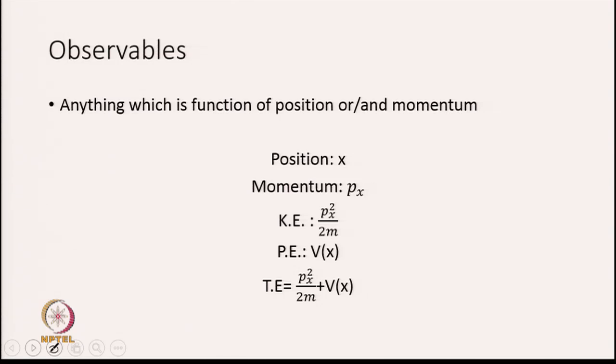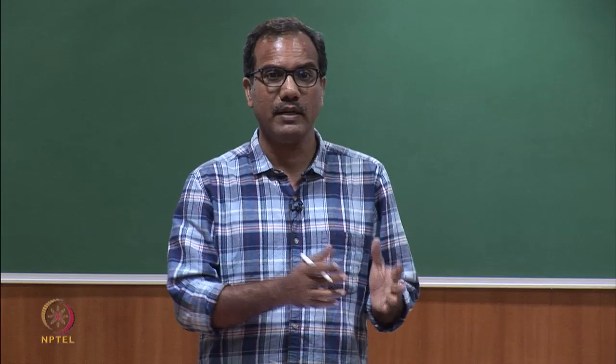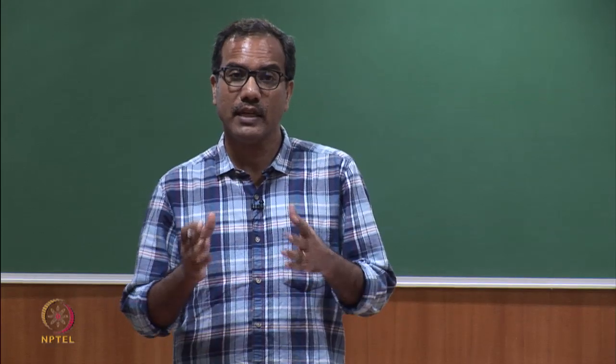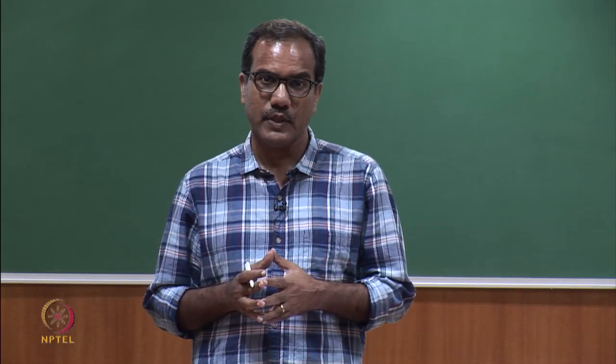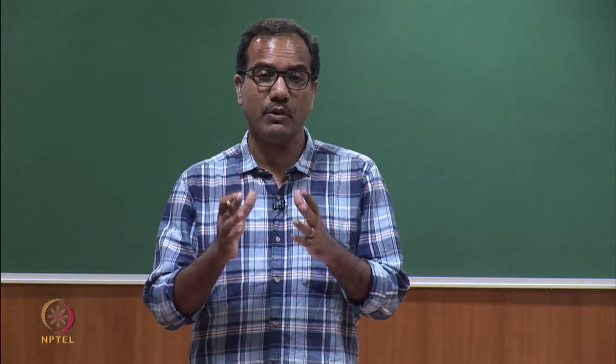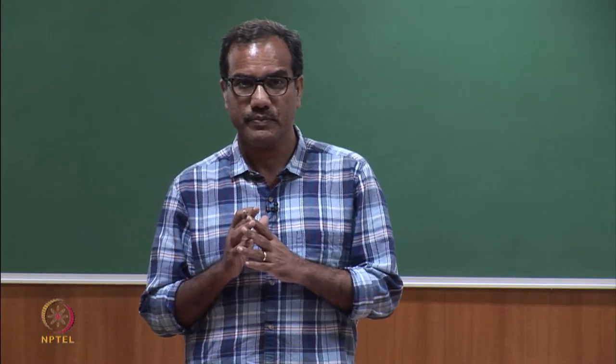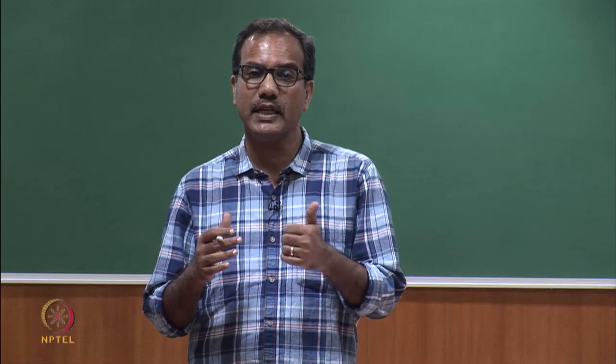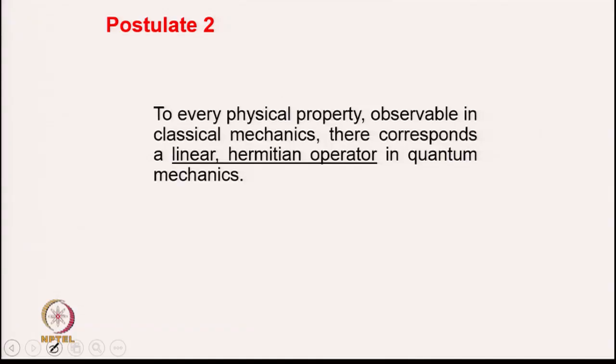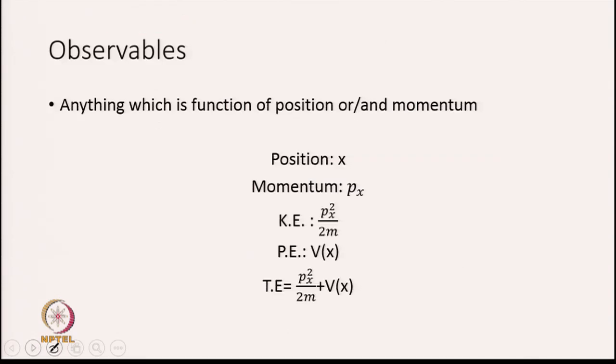Potential energy depends on position, and total energy is the sum of kinetic energy plus potential energy. So, it depends both on momentum and position, and these are the observables. Corresponding to each of these observables there is an operator, and the operator must be linear and Hermitian.